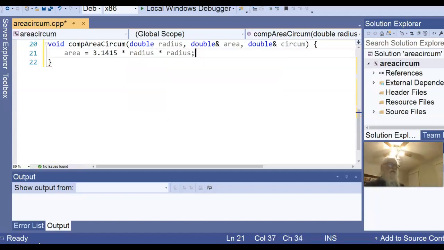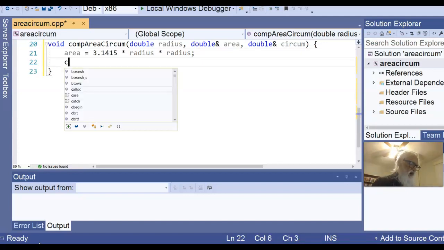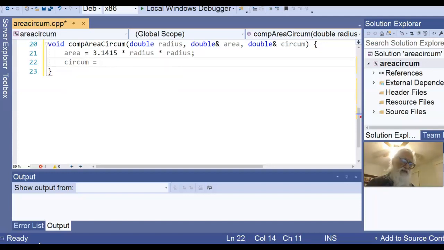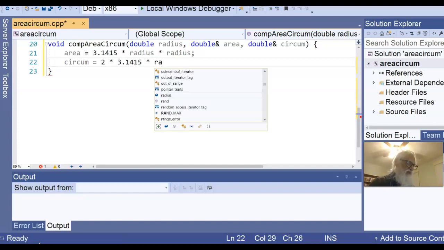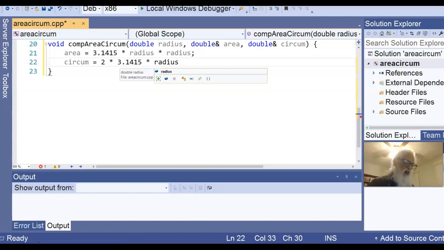Pi r squared. The circumference is 2 pi r, as I remember. So it's 2 times 3.1415 times the radius. No return. I'm just sending it back.